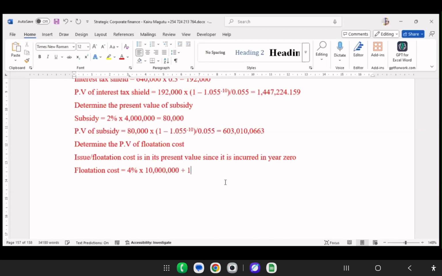Then we add 1%. You multiply by 1% the debt excluding the subsidy. How much is 4% of 10 million, which is the rights issue? You add 1% on the debt, which excludes the subsidized loan. Let me get the amount here. How much is it?